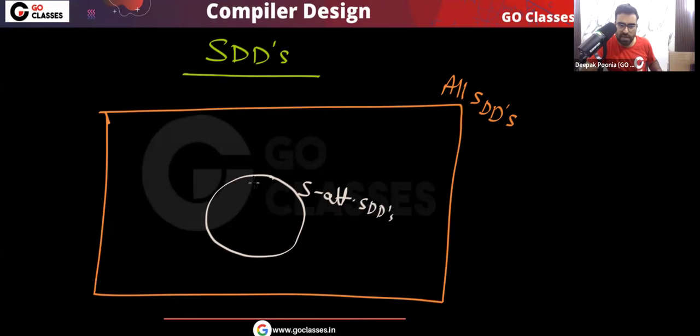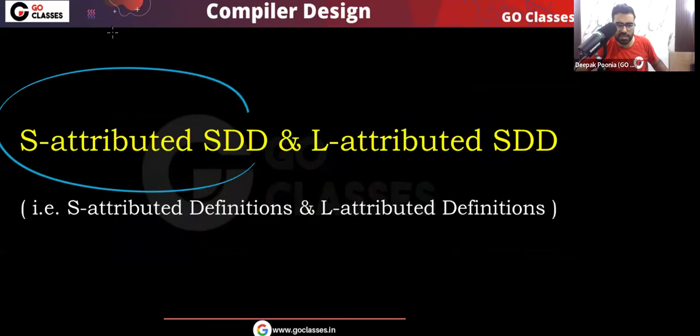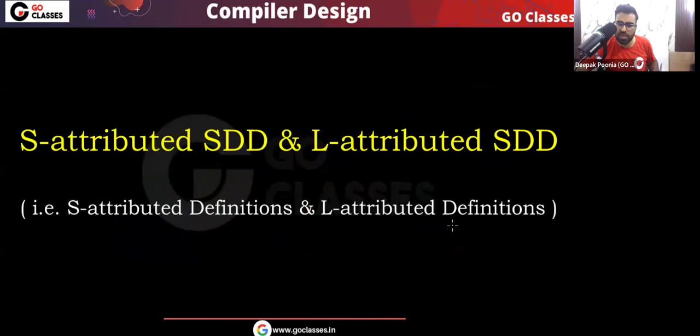Every S attributed SDD is an L attributed SDD, and there are some SDDs which are neither L attributed nor S attributed. I hope you understood this. Now we need to see the definition of S attributed SDD and the definition of L attributed SDD, one by one.